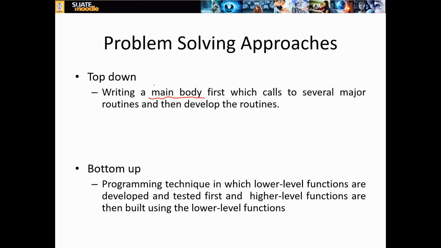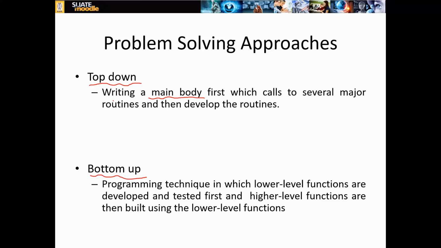So when you write your program, you can start with this main body, or else you can start with the submodules. If you start with the main body and continue to write other routines, then we say it is the top down method. And if not, if you are going to develop lower modules first, and then at the end you are going to collect all the modules together and develop the main part, then we say it is the bottom up method of problem solving, right?